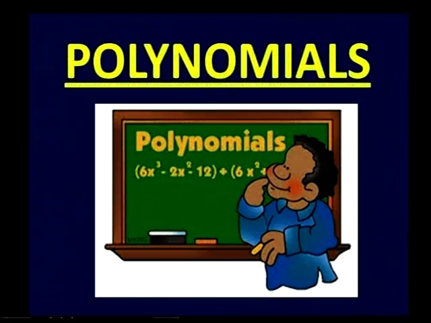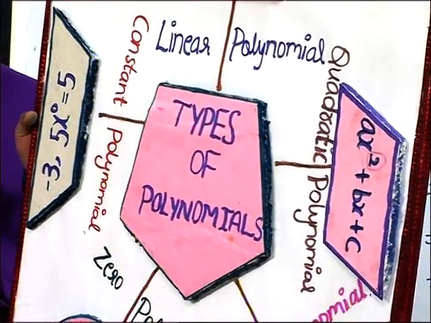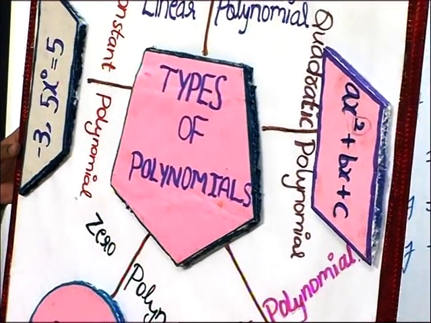Friends, next we are going to discuss types of polynomials. If you see this chart, in this chart we have the types of polynomials. There are linear polynomial, quadratic polynomial, cubic polynomial, zero polynomial and constant polynomial.